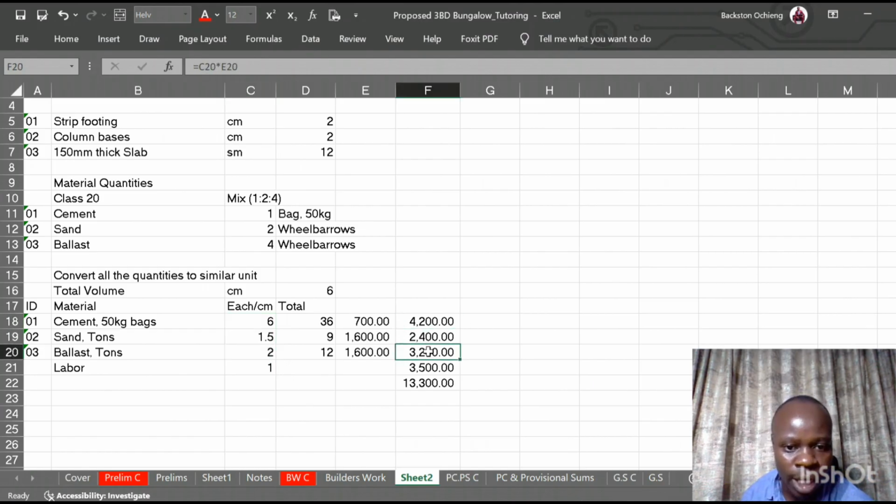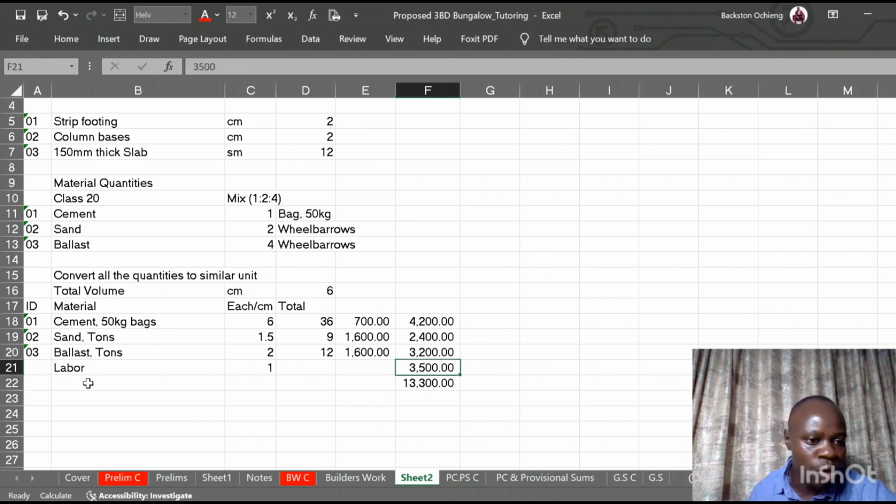Then you get this breakdown. Once you've done that, then you estimate for labor. Labor per cubic meter, say 3,500 shillings. Kenya shillings, that is. So when you add all these items, then you're supposed to get the unit rate of concrete per cubic meter. So this is how it goes.